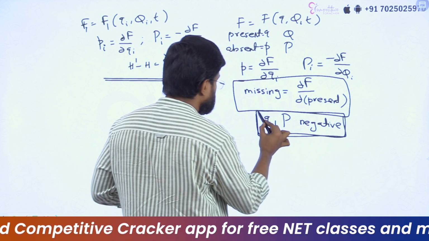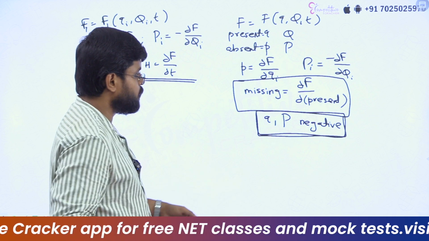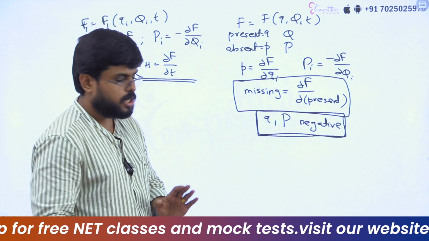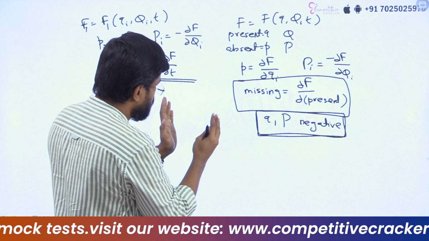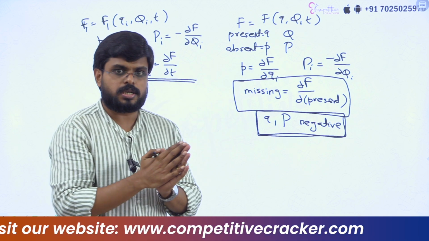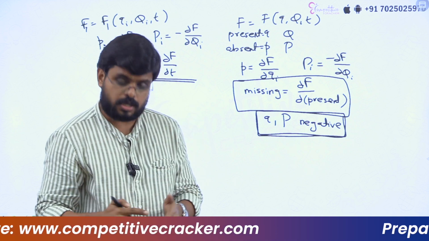Please study this trick. So missing is equal to ∂F by ∂present, and small q and capital P are negative.